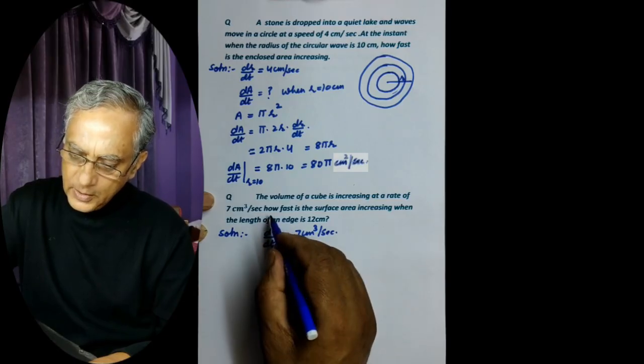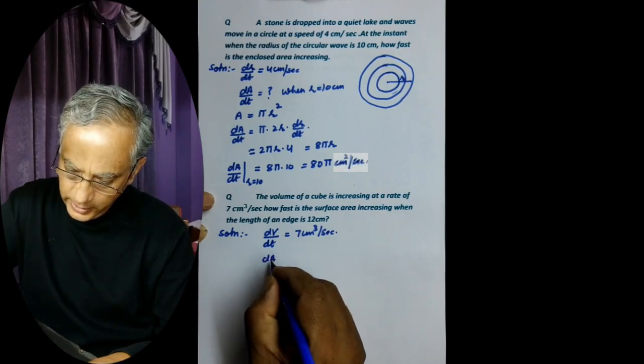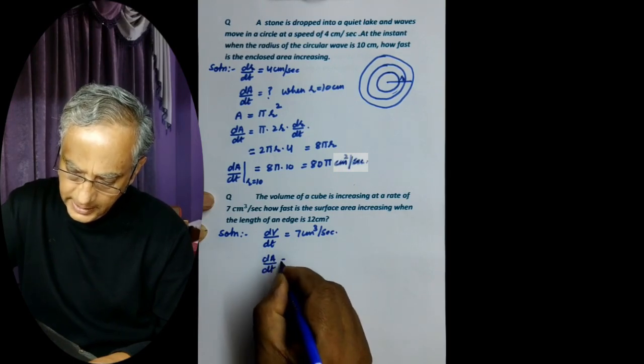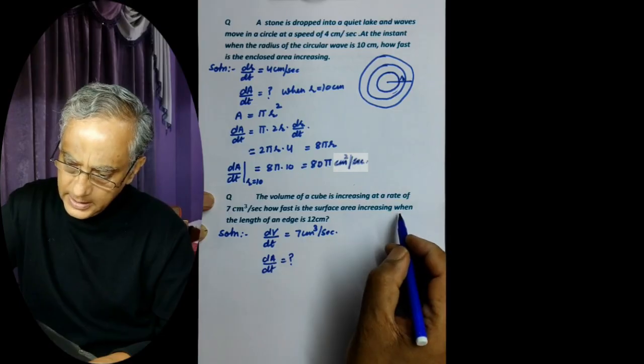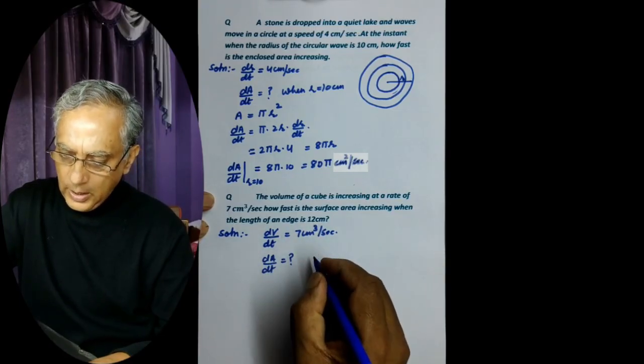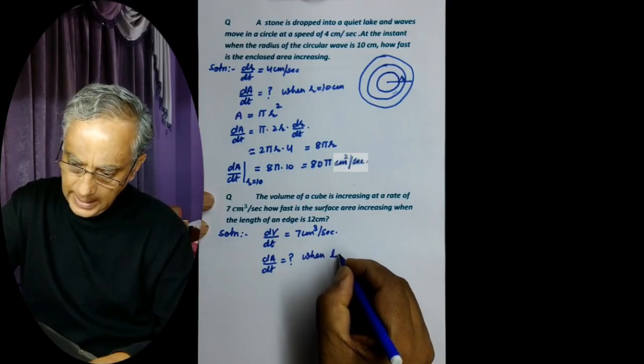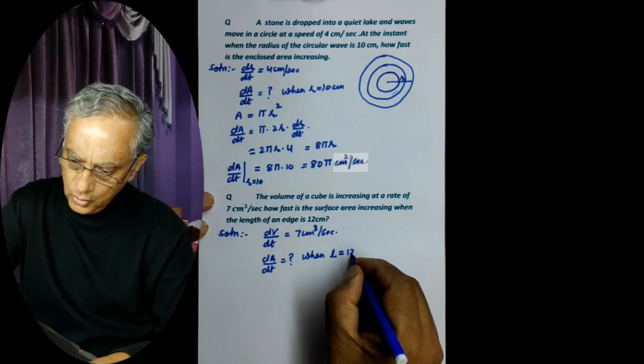How fast is the surface area increasing? So dA by dt is equal to question mark when the length of an edge is 12 centimeter, when L is equal to 12 centimeter.